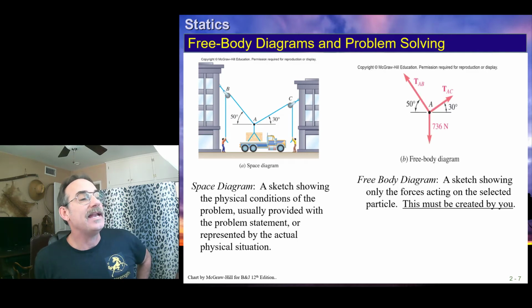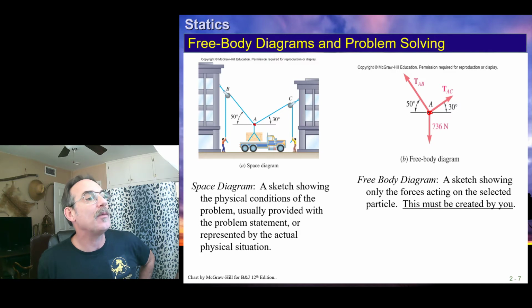So the key to this problem, after we recognize those principles, is we're going to take this point A, and we are going to draw a free body diagram of that point, which means we're going to redraw that particle A, and then we're going to draw all forces acting on it.